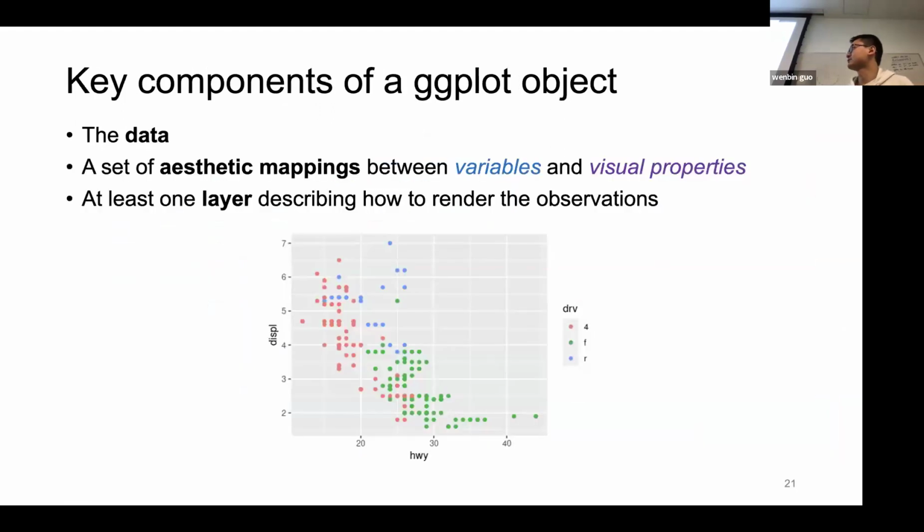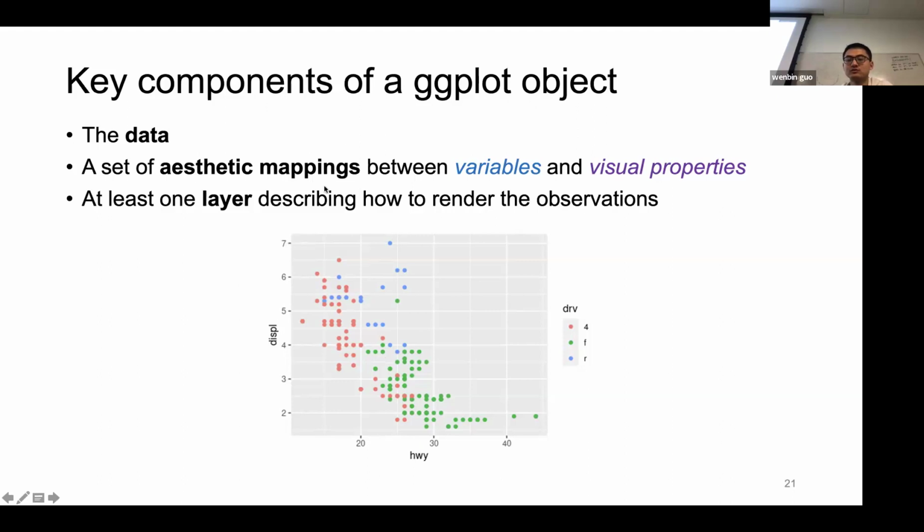As I said, there are several key components of a ggplot2 object. One is the data, the source of your plots. Then there is the aesthetic mapping, where you map variables in your data frame to variables in the picture. For example, the x and y axes are position variables, and the color, even the shape, are aesthetic variables.